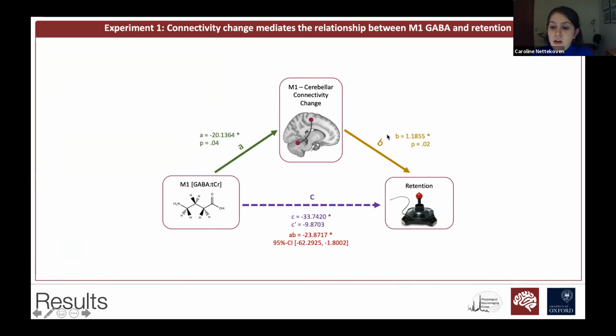So to go back to our original question of what is the role of M1 GABA in retention, this is the model that emerges. Higher M1 GABA concentration before adapting relates to a decrease in M1 cerebellar connectivity, which in turn relates to increased subsequent retention.